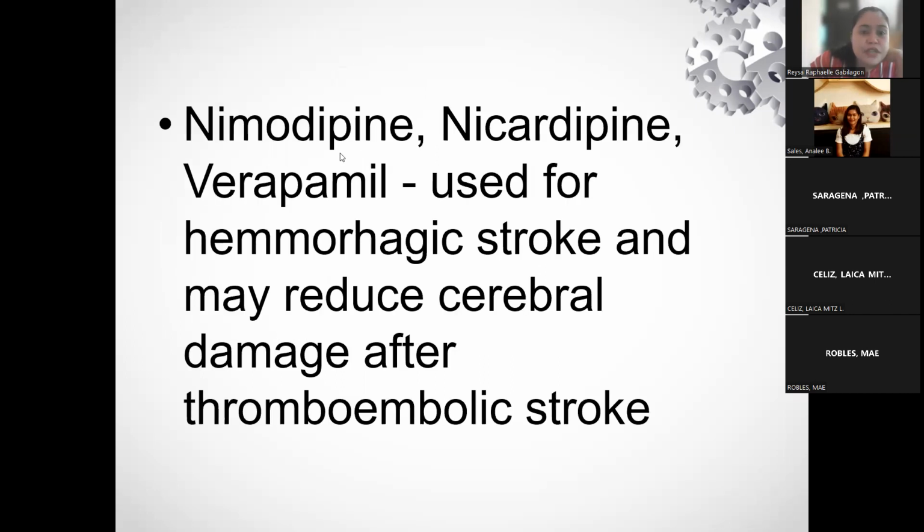So nimodipine, nicardipine, and verapamil are actually useful for hemorrhagic stroke. Aside from giving these drugs for angina, hypertension, and arrhythmias, these 3 drugs can also be used for hemorrhagic stroke. Stroke is in the brain, and the brain needs blood supply because it needs oxygen to function.